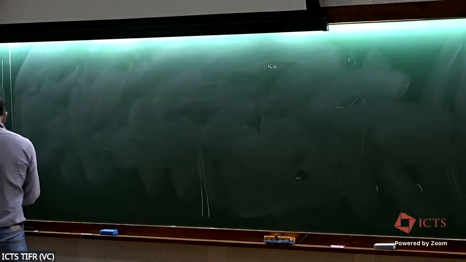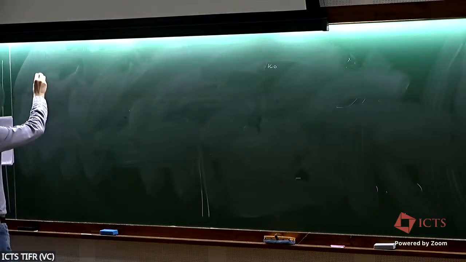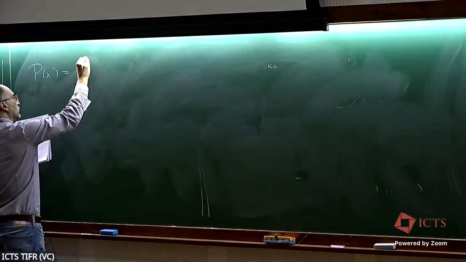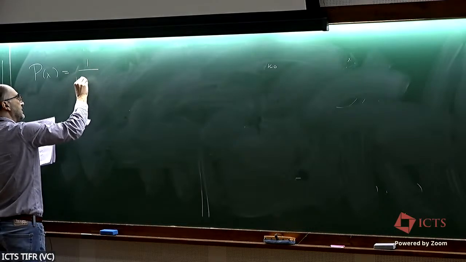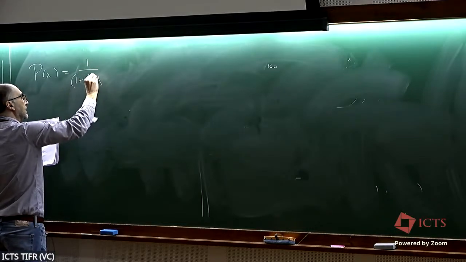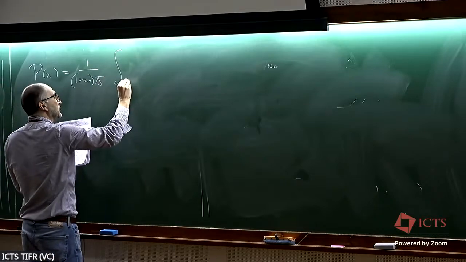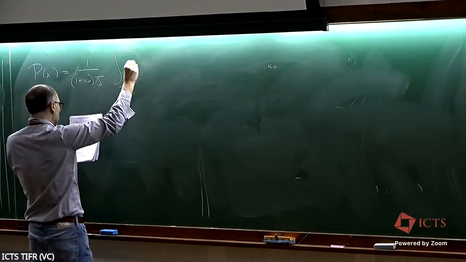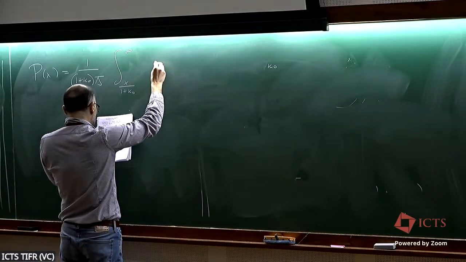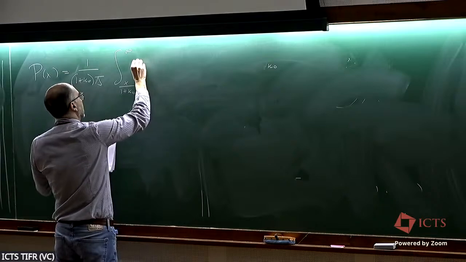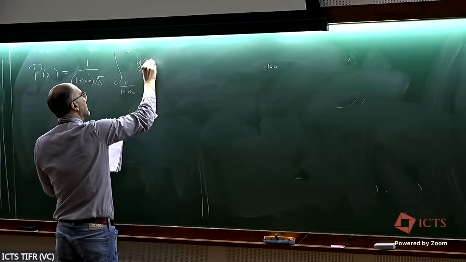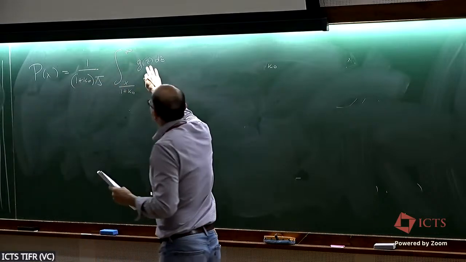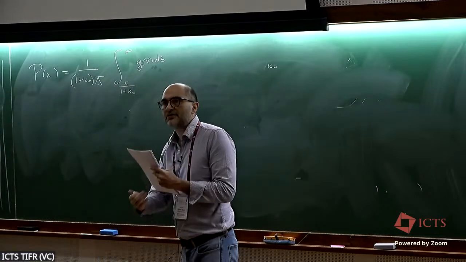If you work a little bit more, you will find that P of x is equal to, if I'm not wrong, 1 plus K0 delta bar, the integral between x 1 plus K0, infinity, and then g of z dz. So it is somehow, up to some rescaling, the cumulative distribution of g, okay?